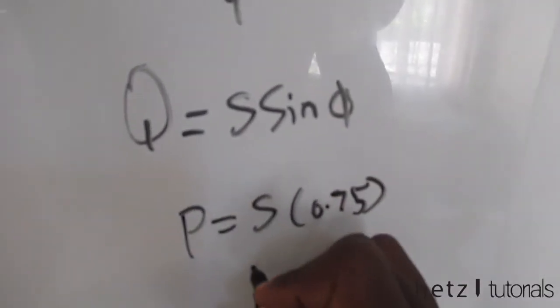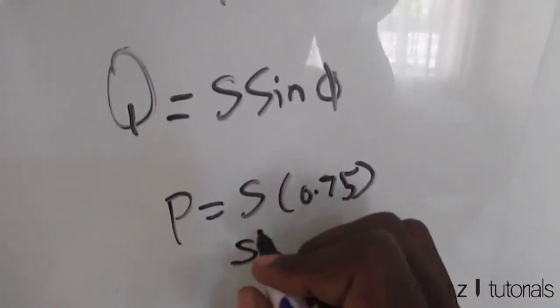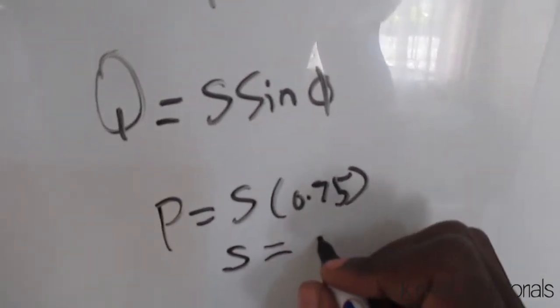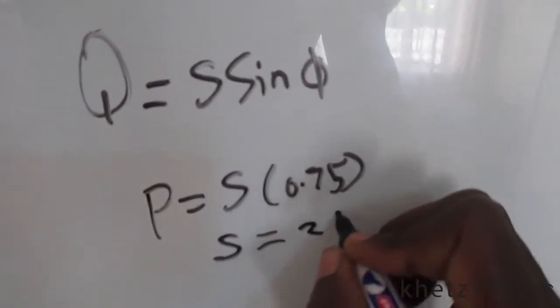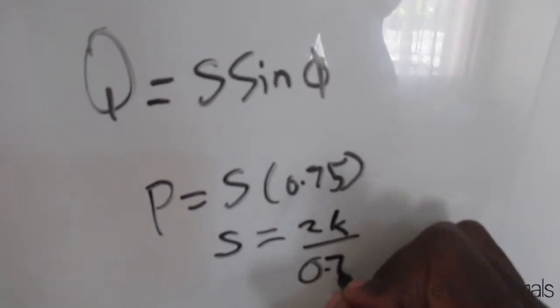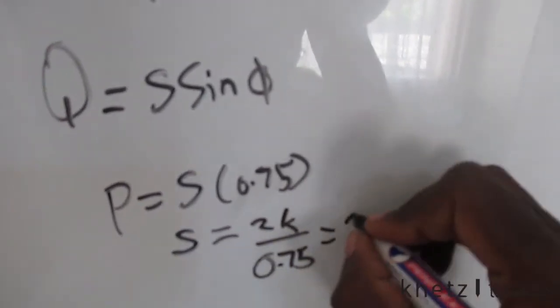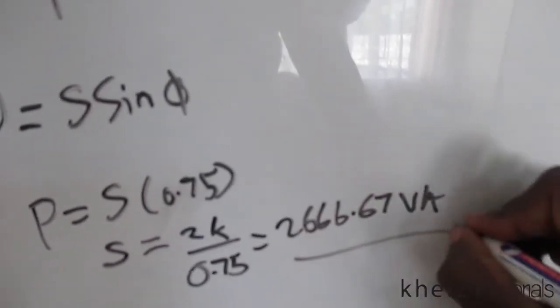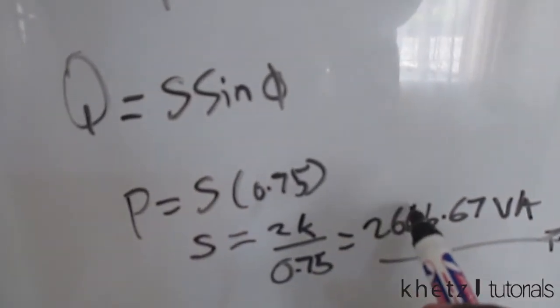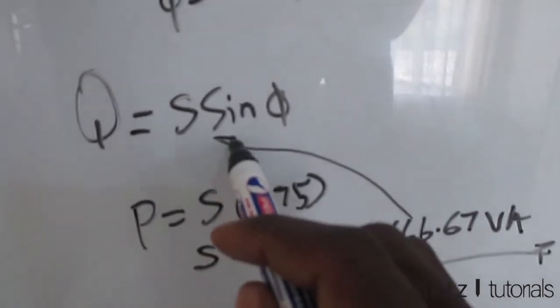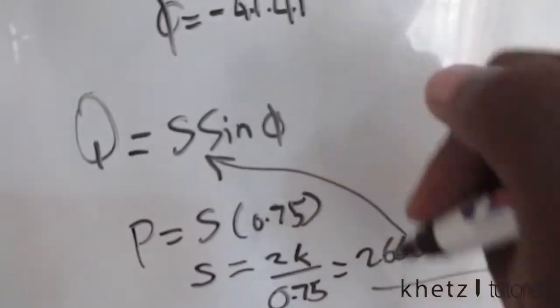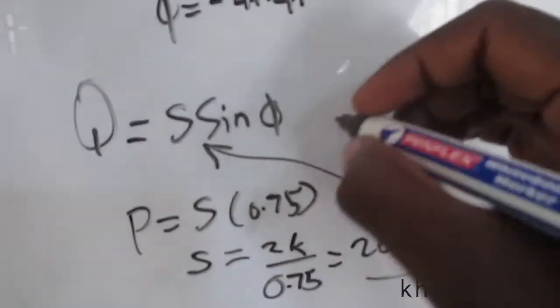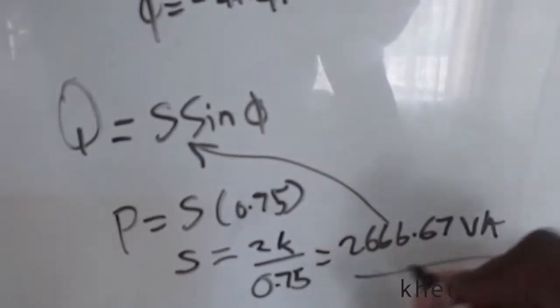So S is equal to P, which is 2K in this case, divided by 0.75, and you're going to find 2666.67 volt amperes.